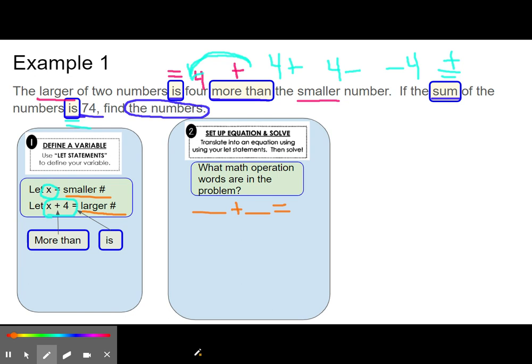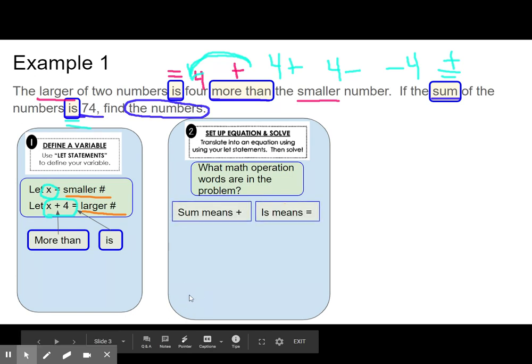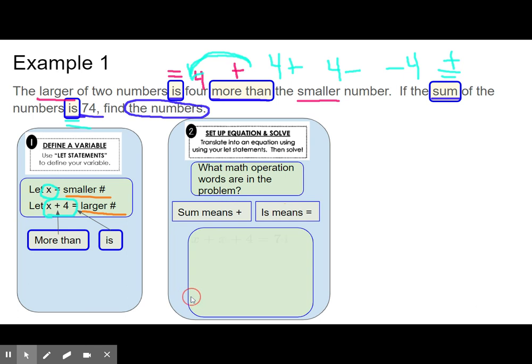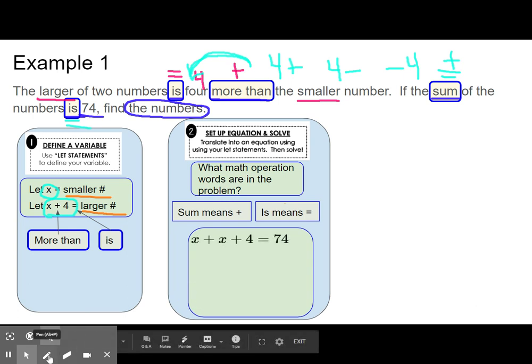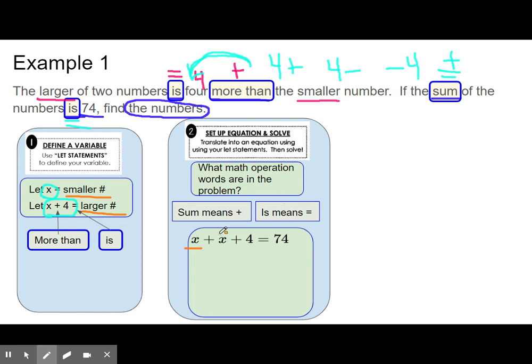All right? Sum is plus, is means equal. My large number plus my small number is. x was my small number, x plus 4 was my large number, is 74.